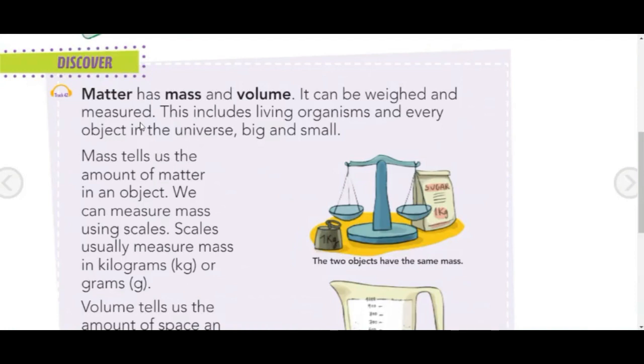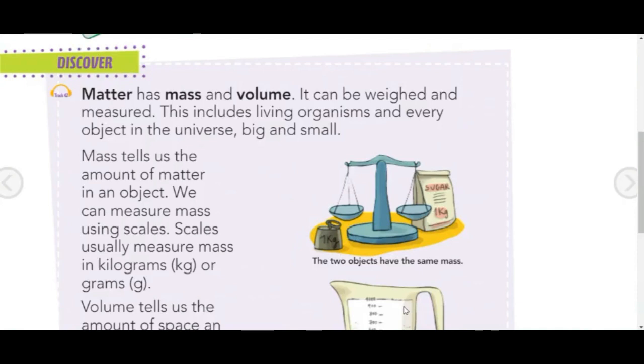For example, if you take a ball, can you weigh it on a scale? Of course. And can it be measured? Can you know the volume? Of course you can. But you need the proper object, for example, a scale or a jug.